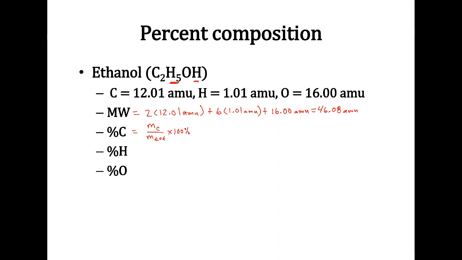Let's plug in for carbon. There's a total of 24.02 AMU from carbon, divided by 46.08. Multiply that by 100%, and you should get 52.13%.